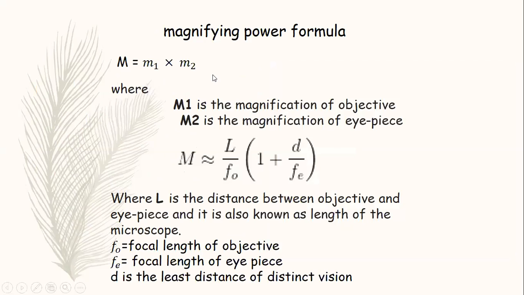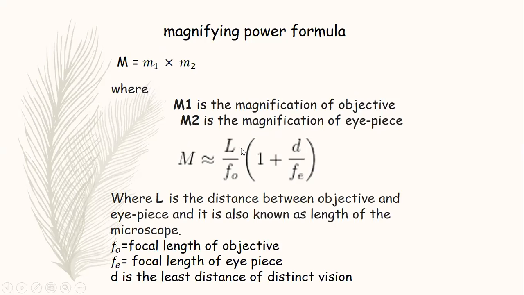So what is the magnifying formula for this? You can see the magnifying power is equal to m1, that is the magnification of the objective, multiplied by m2, that is the magnification of the eyepiece. For the objective lens, we have linear magnification, that is q by p, or we can say d by p.